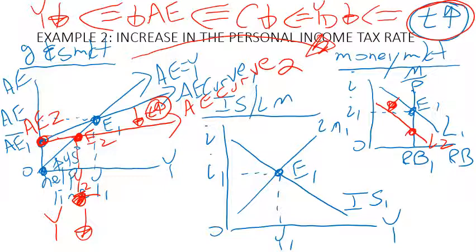Okay, so we have a new equilibrium, E2, and what do we have? We have a lower interest rate, right? No change in RB, right? No change in real balances. Again, because the Fed has not done anything, the central bank has not done anything, and the general price level is at the same constant level.